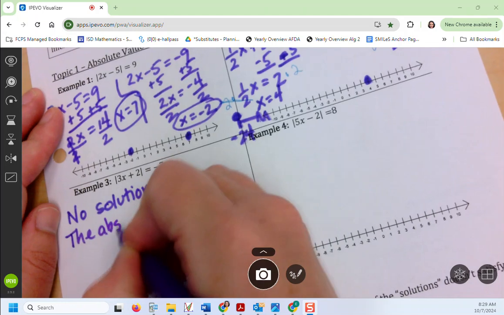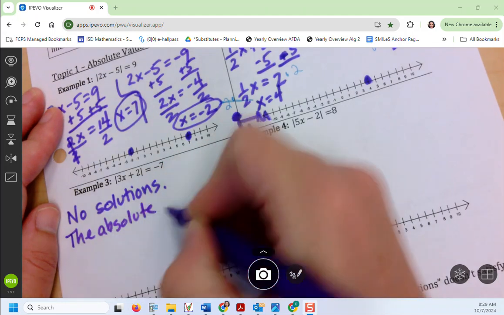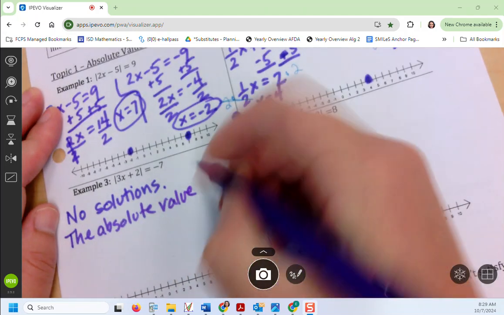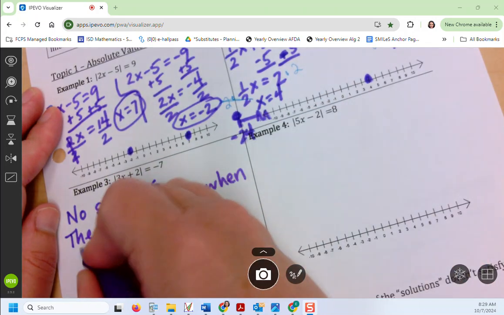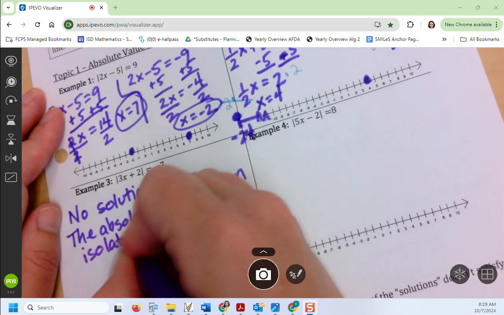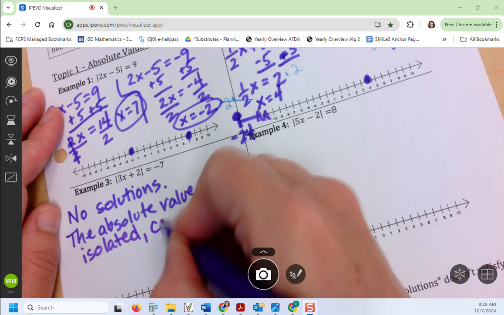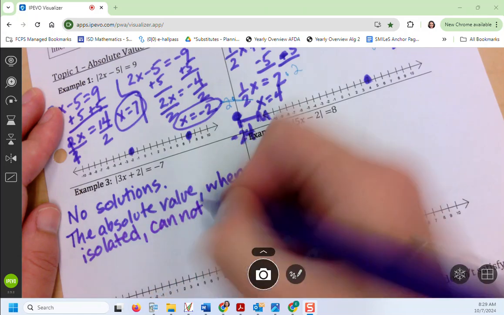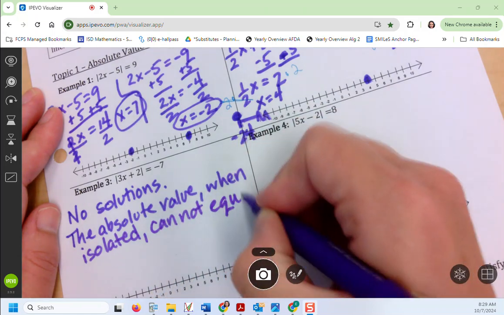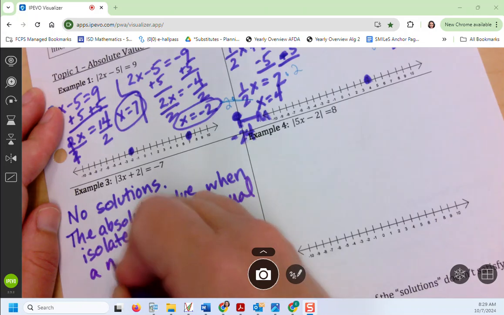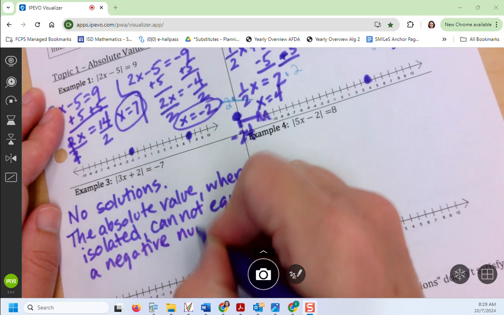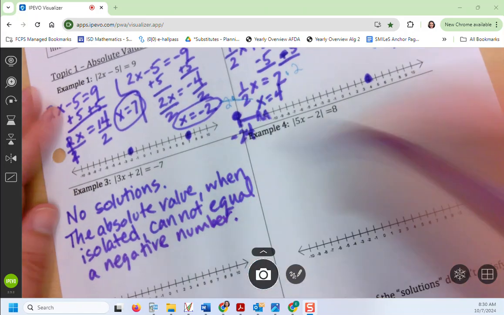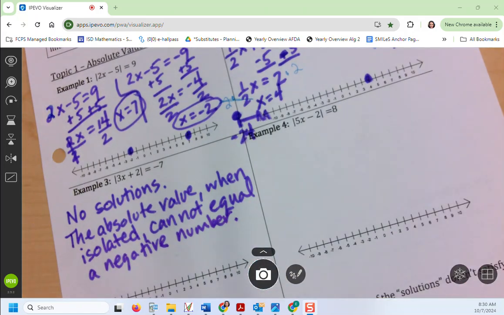The absolute value, when isolated, meaning by itself, cannot equal a negative number. Okay. On the back, we'll see some examples that are a little different.